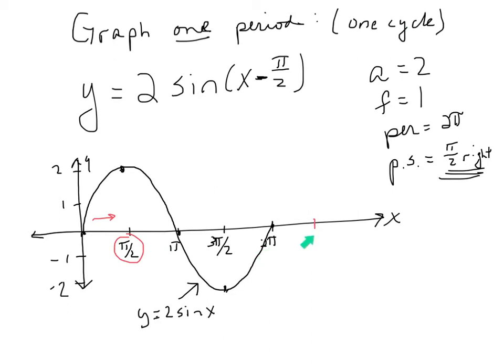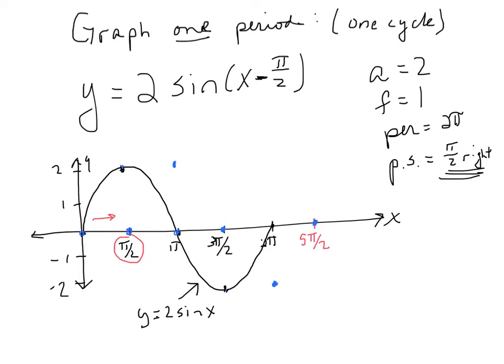This one will be 5 pi over 2. So I'm going to add that in. And then I'll do this in blue, I'm going to take each point. So this point will shift to here. This point will shift to here, to pi. Pi at 0 will shift to the right. This one down here shifts to the right, and then this shifts to the right.